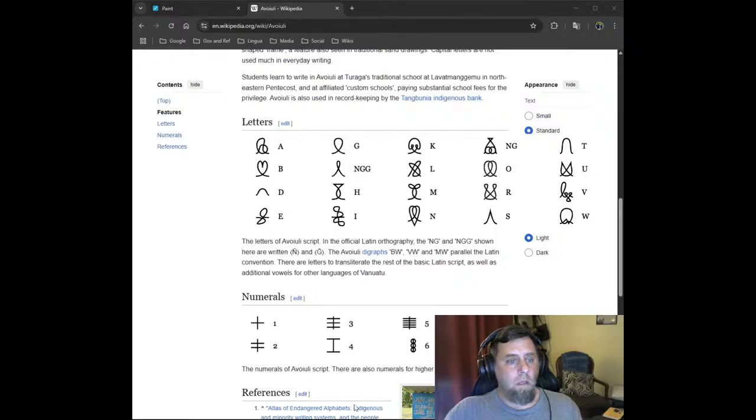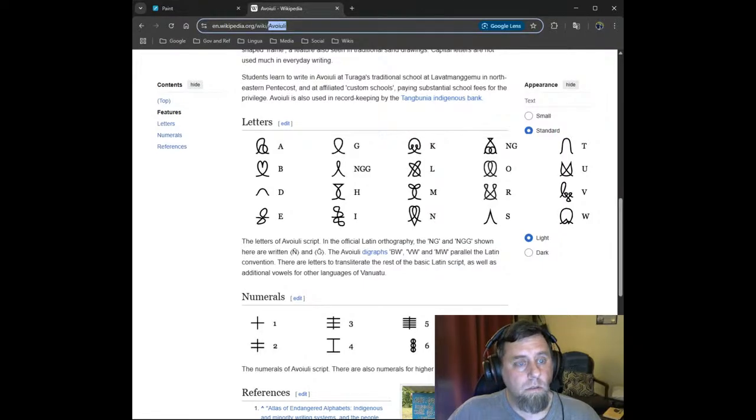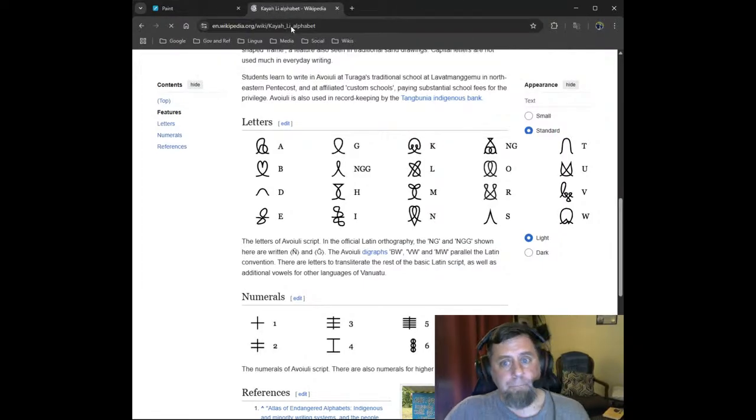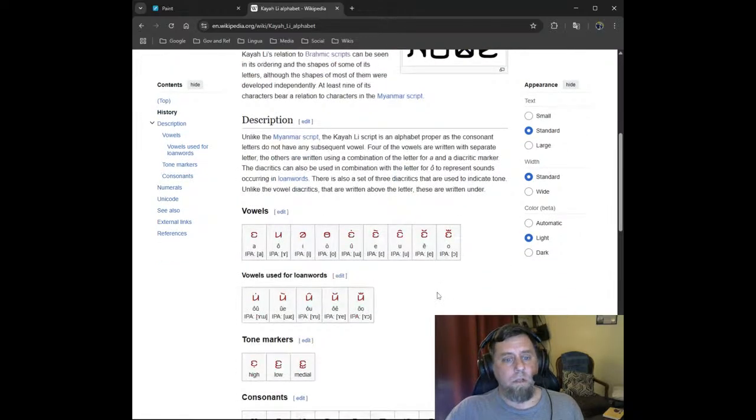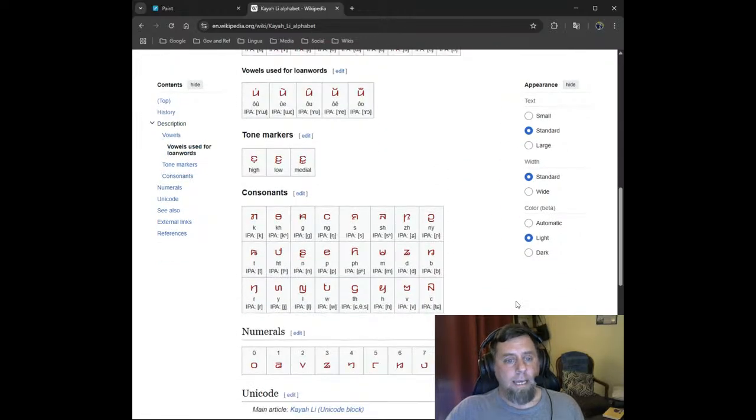Let's see, there was another one I wanted to show. Let's see if this works. Bam. So this one is a little less rounded. And if you look closely, you can sort of see that even though this is an independently developed alphabet, some of these characters look as though they resemble some Brahmi abugidas, right?